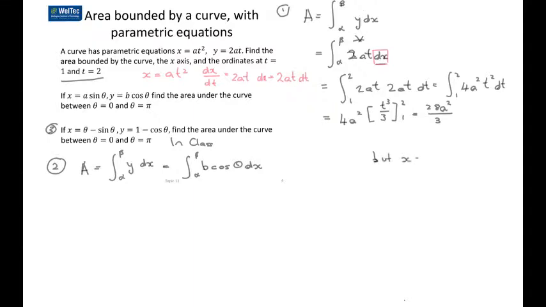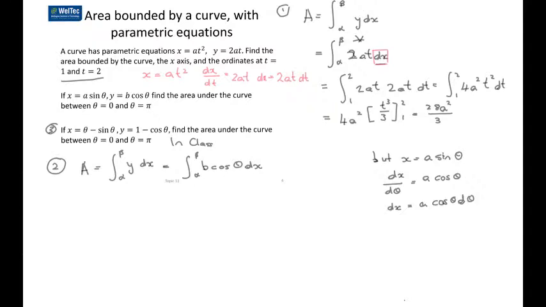But x is equal to, what's x equal to? x is equal to a sine theta, so dx by d theta is going to be a cos theta, so dx is going to be a cos theta d theta.